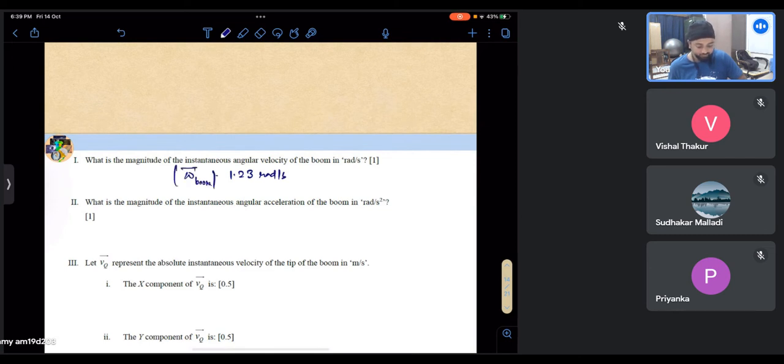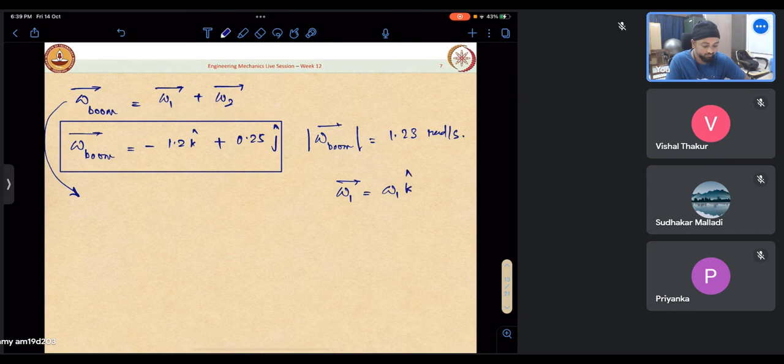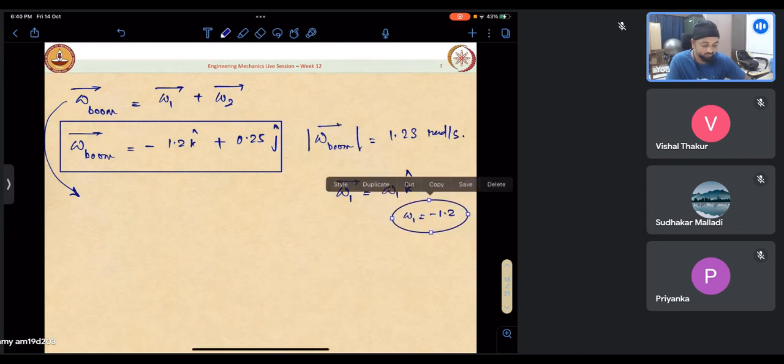What is the magnitude of the instantaneous angular acceleration? So now that we have this, if we can systematically differentiate this, we will be able to get our actual quantities. Let me call omega 1 vector as omega 1 k cap, where omega 1 is nothing but minus 1.2. I hope this doesn't cause any confusion.